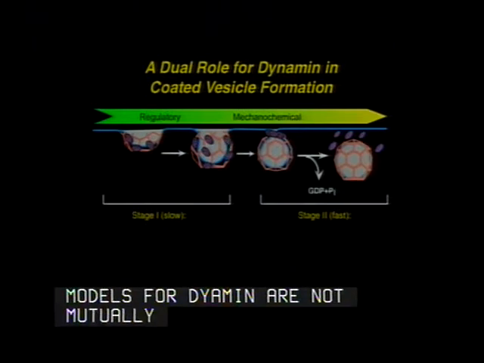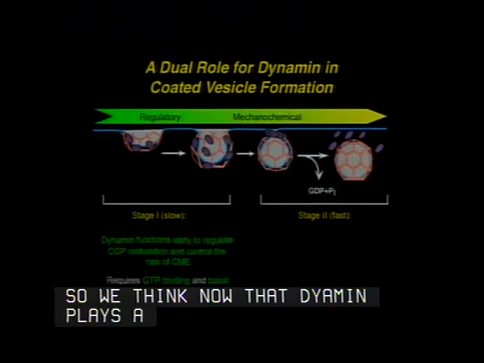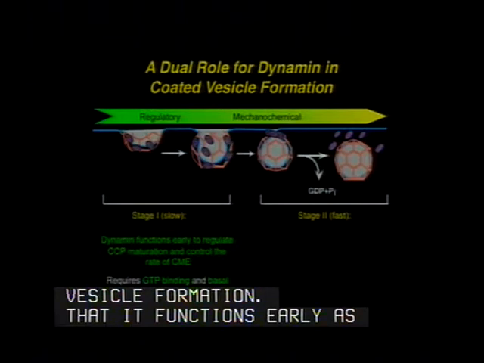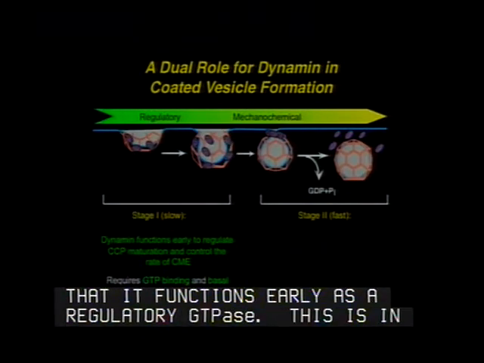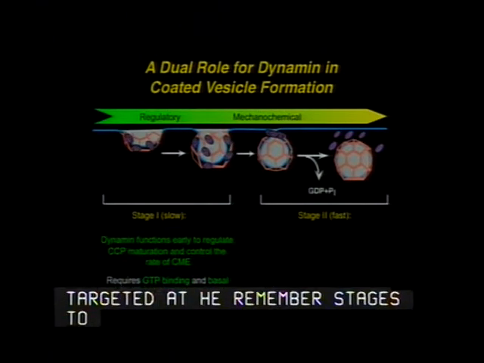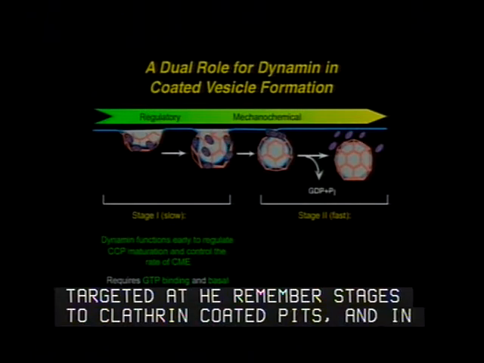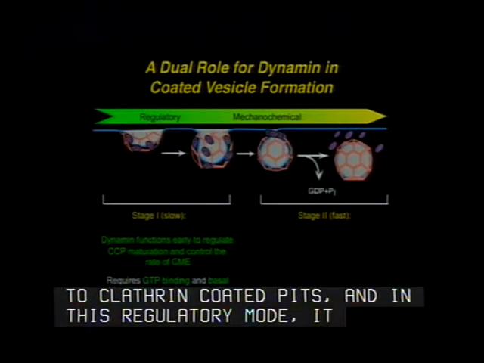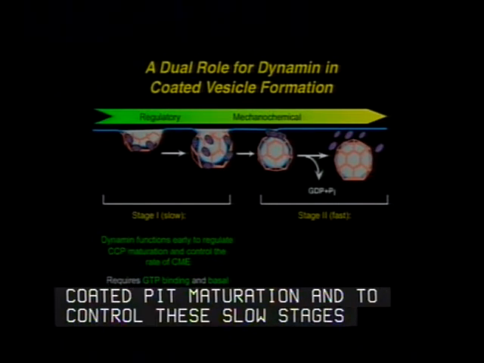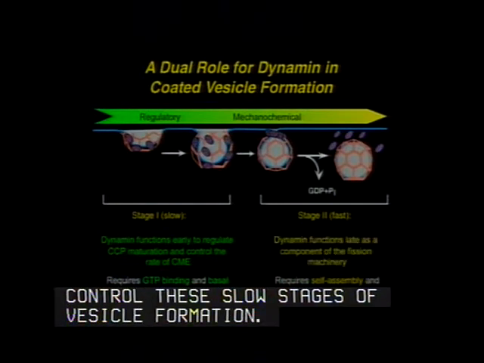So we think now that dynamin plays a dual role in coated vesicle formation. It functions early as a regulatory GTPase, in its unassembled state, where it's targeted at early stages to clathrin-coated pits. In this regulatory mode, it functions to regulate and monitor coated pit maturation and to control these slow stages of vesicle formation, requiring basal GTP binding and hydrolysis activity.